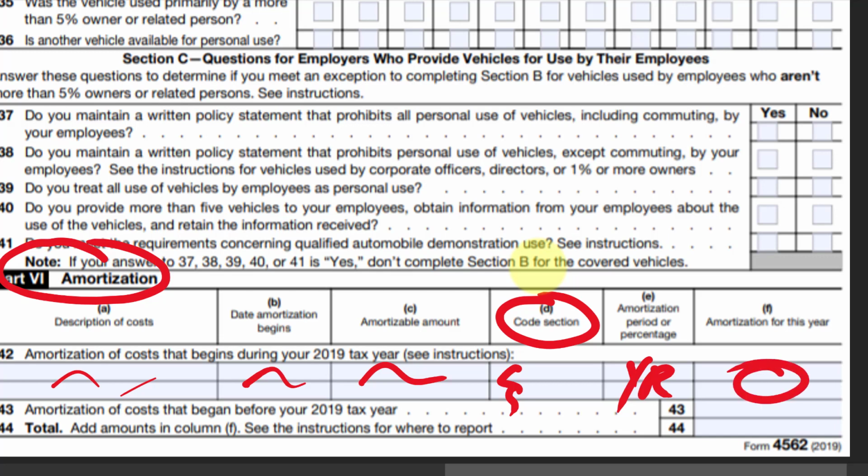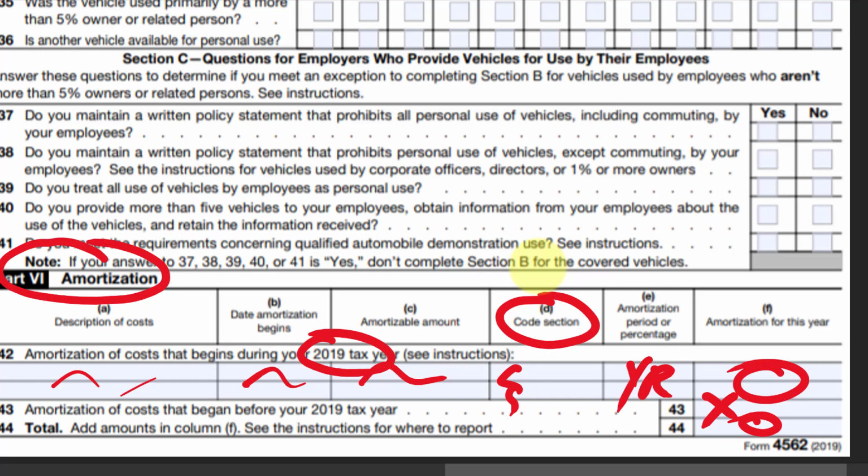And just like depreciation, all of this detail being reported is only for stuff you place into service in the current year. Anything that you placed into service in previous years that is still being amortized is plugged in as one figure here in line 43, then to get a total of amortization in line 44.